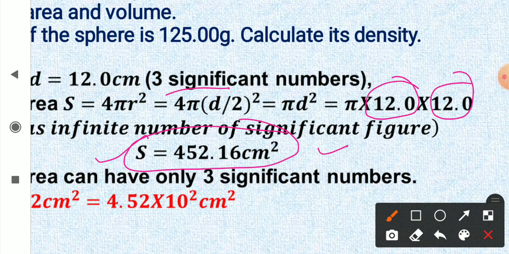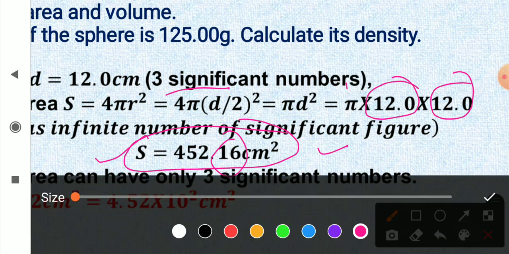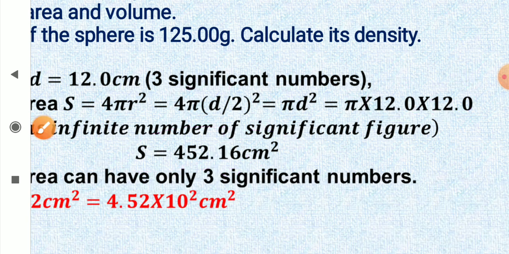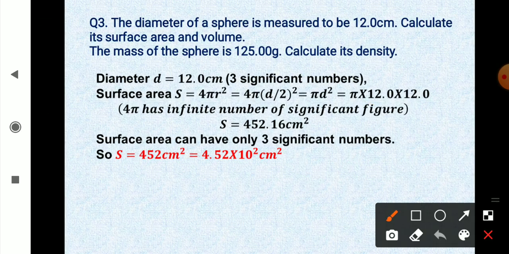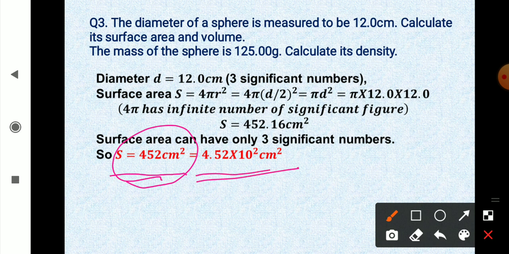So that means these 2 have to be dropped, and surface area can have only 3 significant figures. So S is 452 square centimeter, and in scientific notation it will be 4.52 into 10 to the power 2 square centimeter.